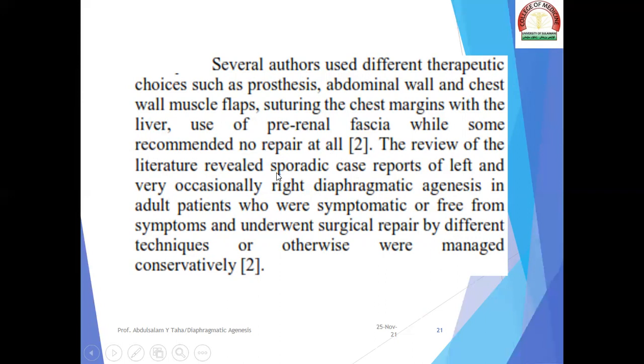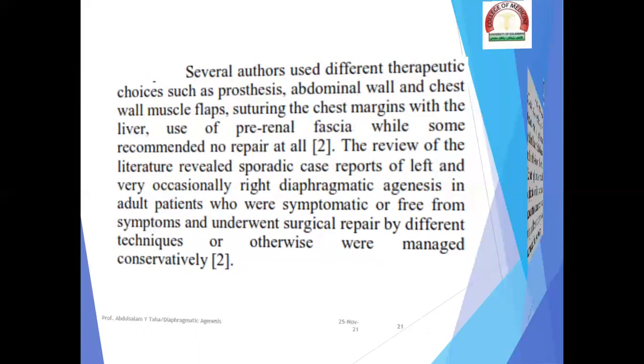The review of the literature revealed sporadic case reports of left and very occasionally right diaphragmatic agenesis in adult patients who were symptomatic or free from symptoms and underwent surgical repair by different techniques or otherwise were managed conservatively. The following slides will show examples.